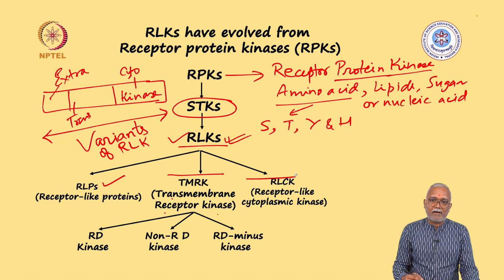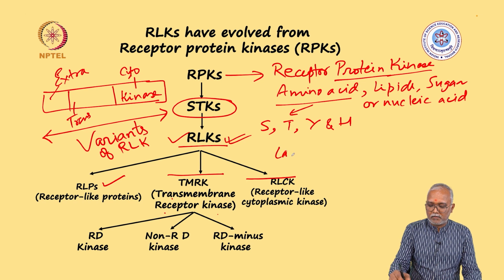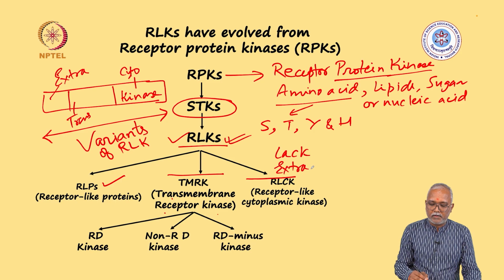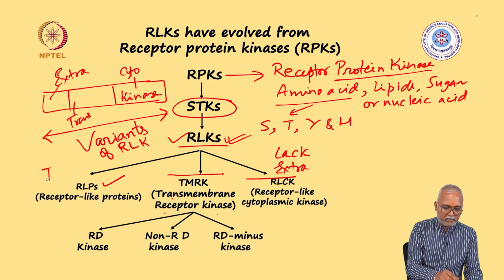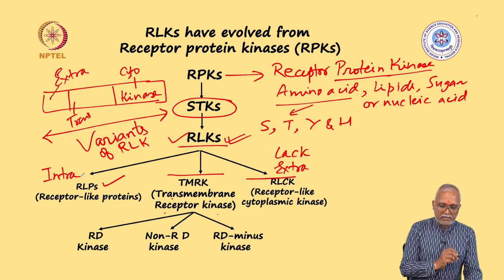Here you will have these kinases with their catalytic cytoplasmic kinase activity domain and the transmembrane domain which is holding them in the membrane. They clearly lack the extracellular domain, and the RLPs lack the intracellular domain.